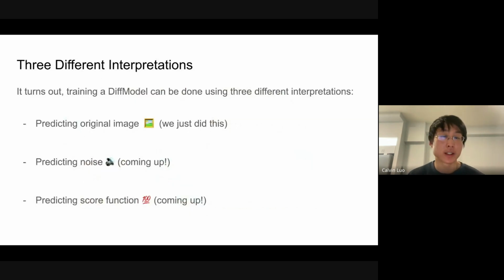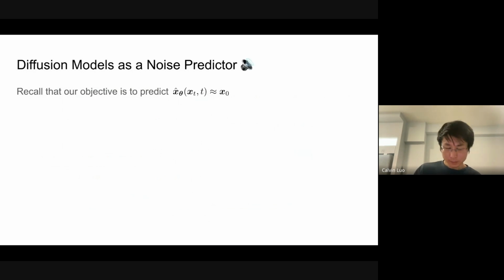So it turns out that training a diffusion model can be done using three different interpretations, right? We just said that we're predicting the original image. It turns out that we can also equivalently train a diffusion model by predicting something called a source noise, as well as predicting a score function. So what are diffusion models as a noise predictor?